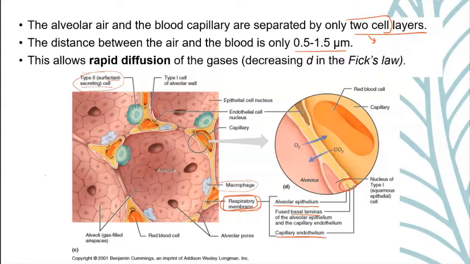This causes the alveolus to have a higher tendency of collapsing. Imagine thin plastic: if you wet it, it will collapse and stick together. So to prevent the alveolus from collapsing, this cell produces a liquid we call surfactant, which maintains the structure of the alveolus.